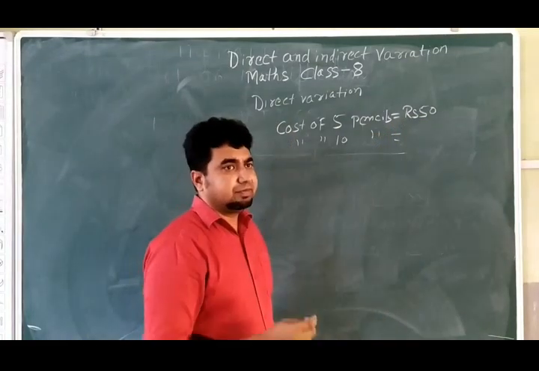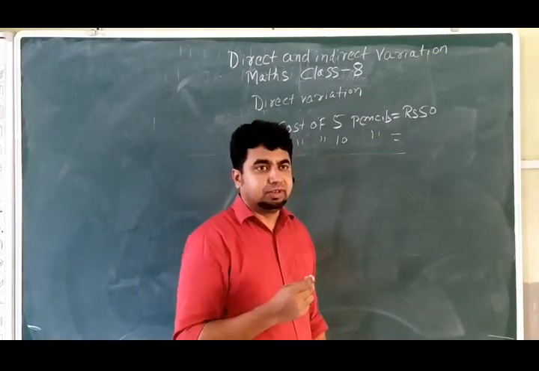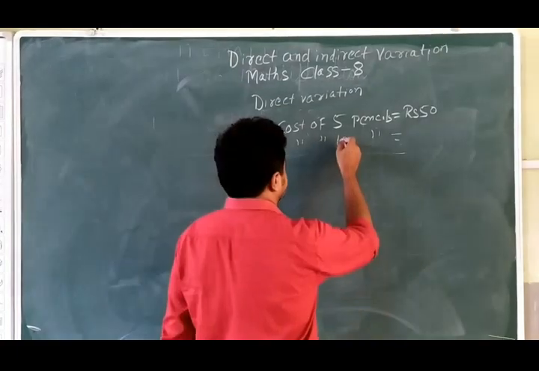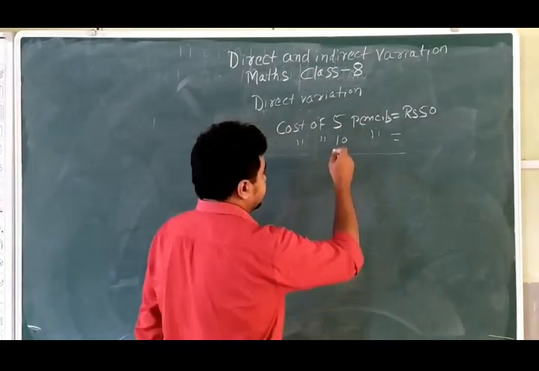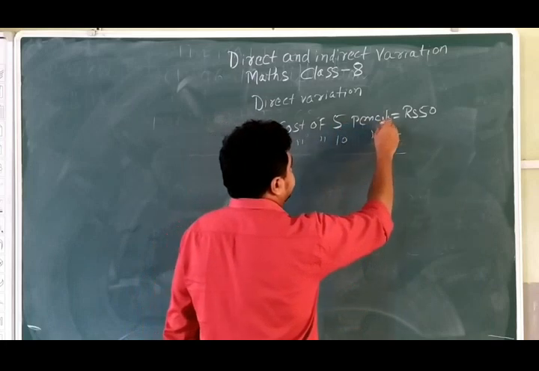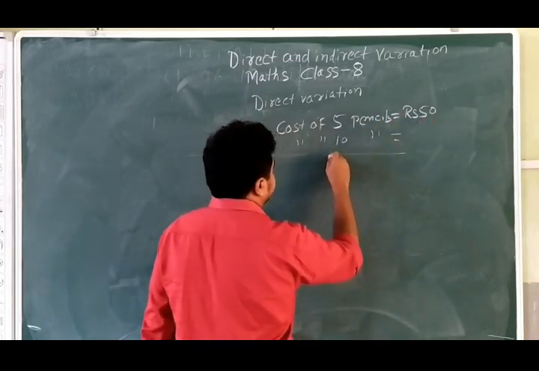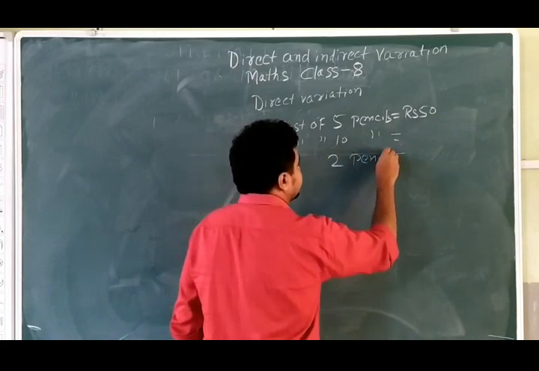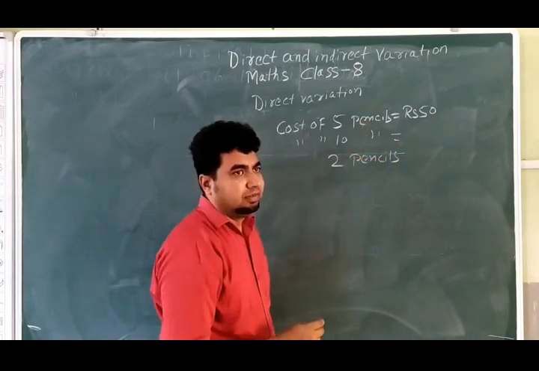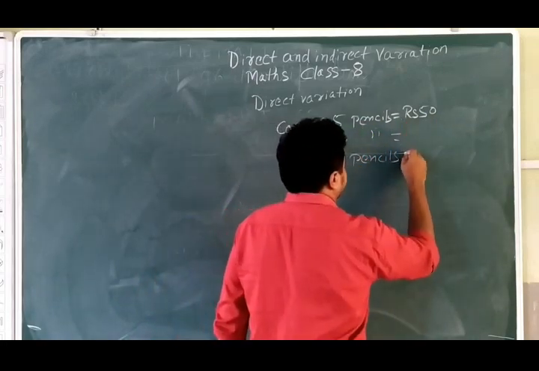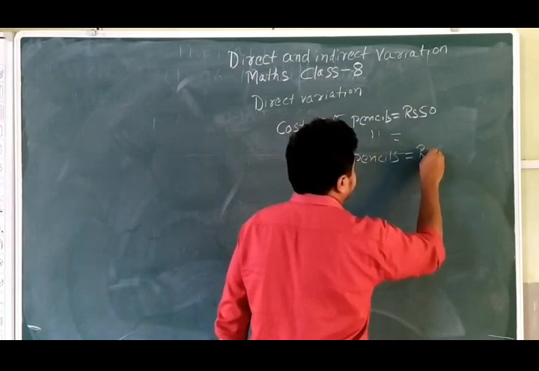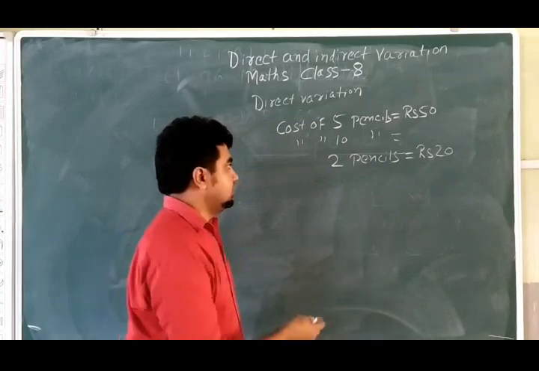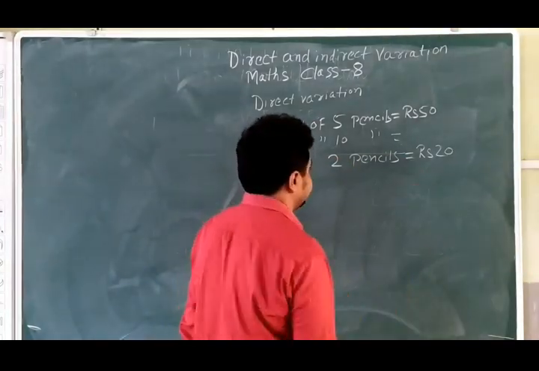That is known as direct variation or directly proportional. You might have studied these things in chemistry also. Or if the cost of 5 pencils is rupees 50, then as I am decreasing the number of pencils, the cost of 2 pencils will also decrease, which will come out to be equal to 20 rupees. So this is direct variation.